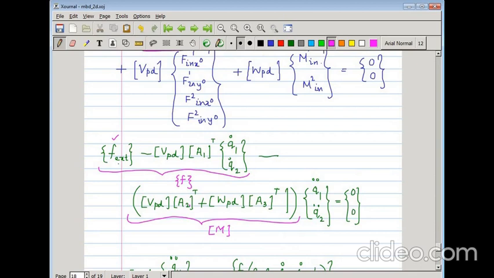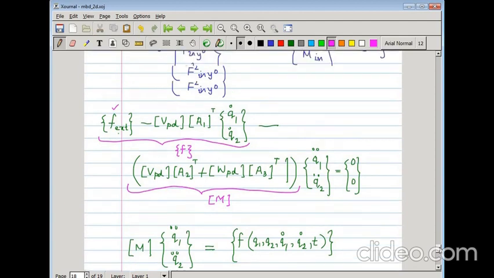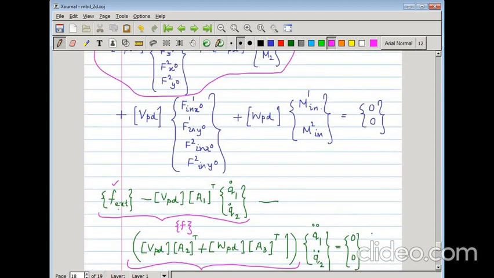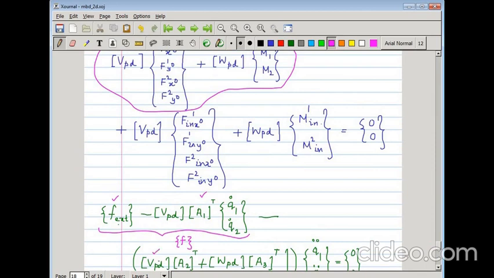BPD A2 transpose plus WPD A3 transpose Q1 double dot Q2 double dot. So this first part is coming from the first term in the linear acceleration, and the second term is coming due to the second part of the linear acceleration, and this part is coming from the angular acceleration.